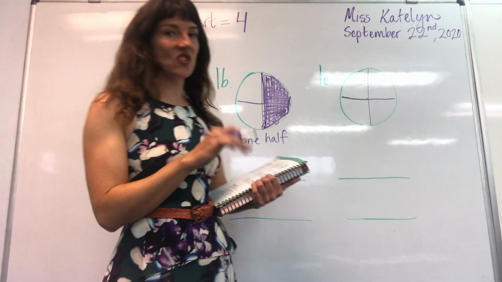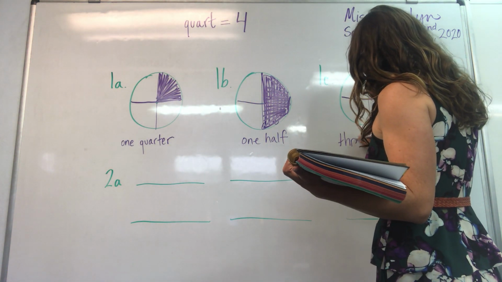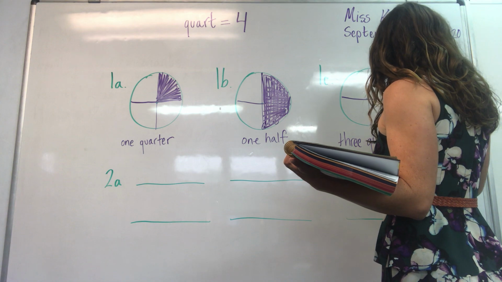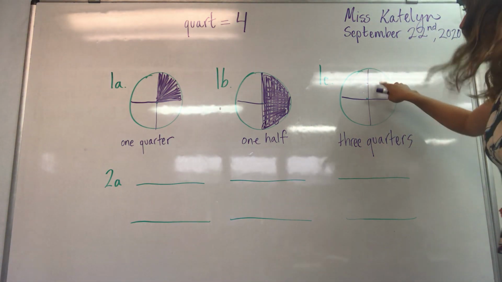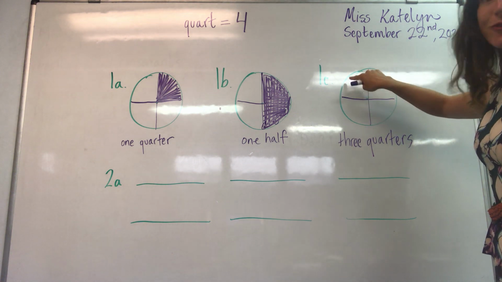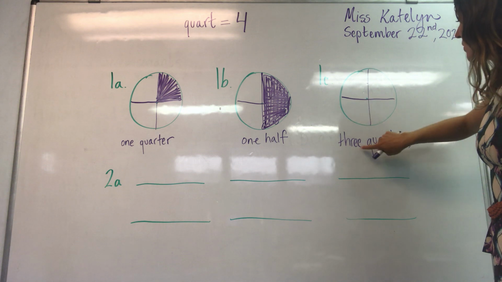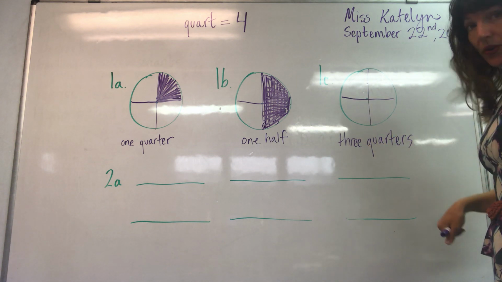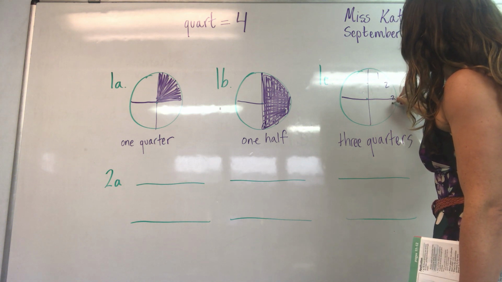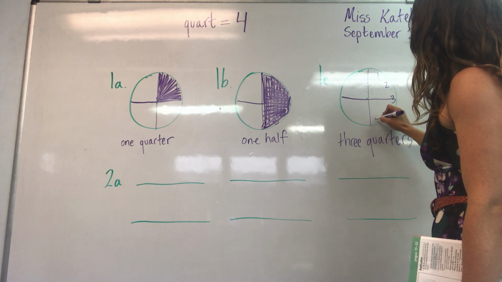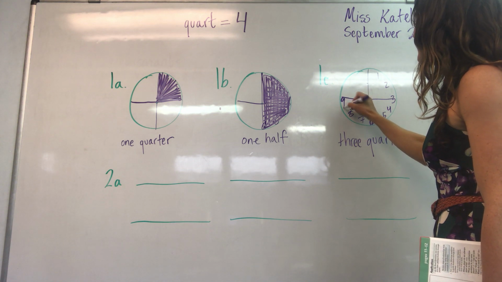And then in this last circle, they want 3 quarters. You see how this circle is cut into 4 parts? 1, 2, 3, and 4. They want 3 of those quarters, okay? So that's when the clock goes 1, 2, 3, 4, 5, 6, 7, 8, and 9.